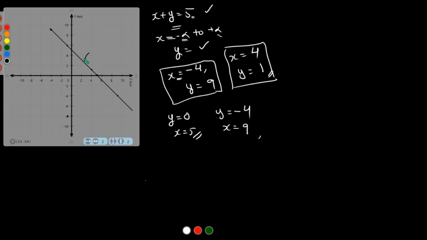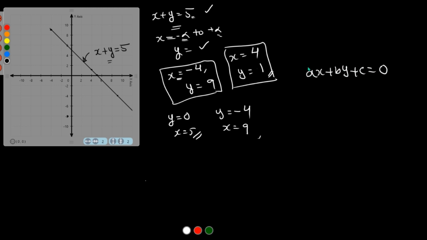So this line equation is x plus y is equal to 5, and all these points satisfy the equation. This is the reason we write the general form of the linear equation as ax plus by plus c is equal to 0.